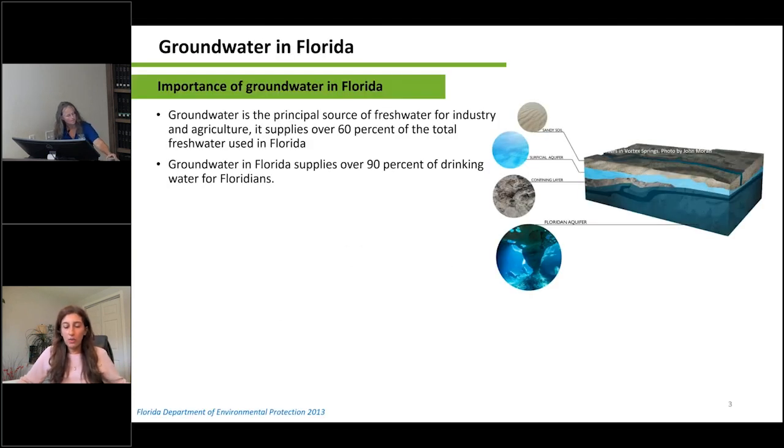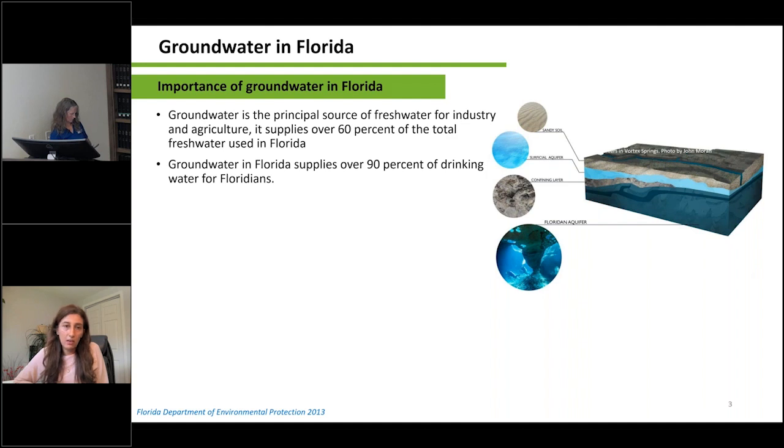So we talk about the importance of groundwater here in Florida. One reason it is vital and super important is the way we depend on it. Florida's groundwater supplies more than 60% of the total fresh water used in Florida.